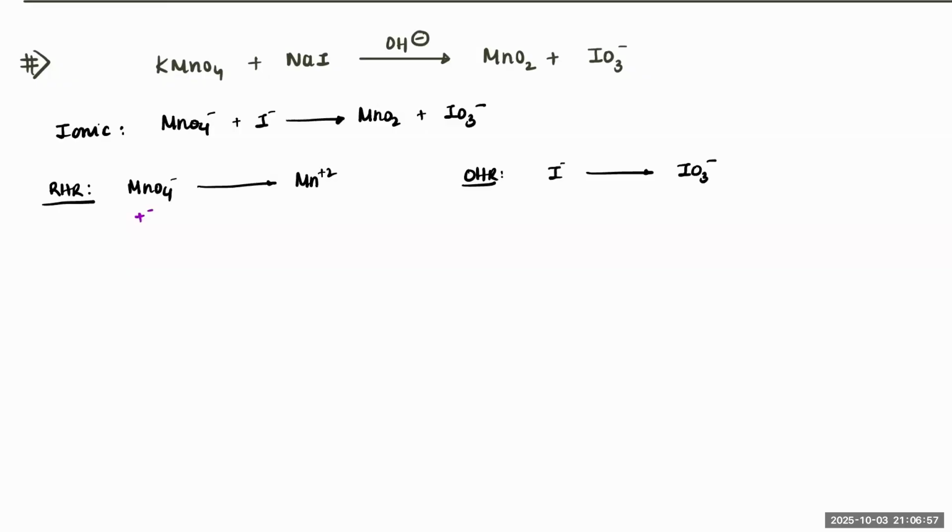Here the oxidation state is changing from +7 to +2, making 5 electrons difference. Here it is -1 to +5, making 6 electrons difference. So to ensure the number of electrons given and taken are the same, you will cross multiply them to the nearest value.